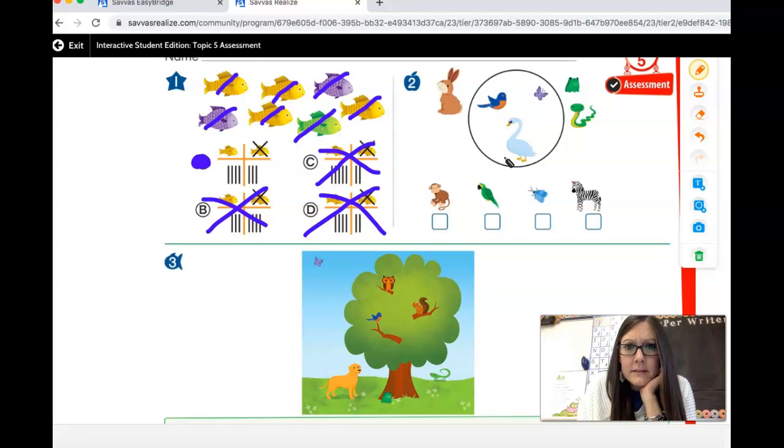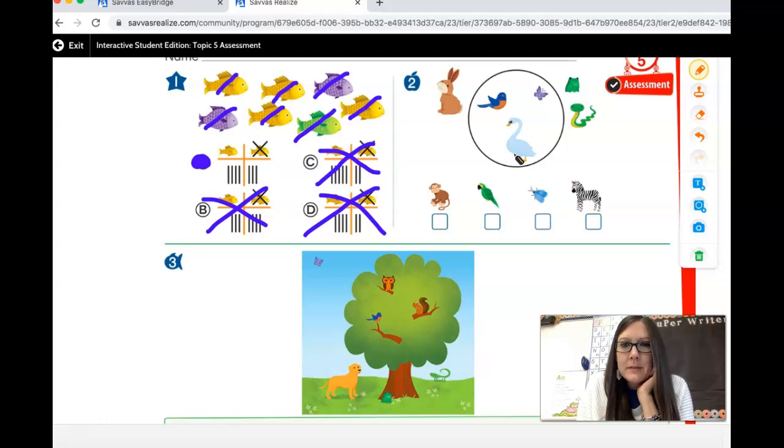Do they all have feet? Well, but this swan has 2 and the bird has 2. Butterflies have more legs than that. Oh, look at this. They all have wings. A butterfly can fly. A bird can fly. A swan. Yeah, they all have wings.